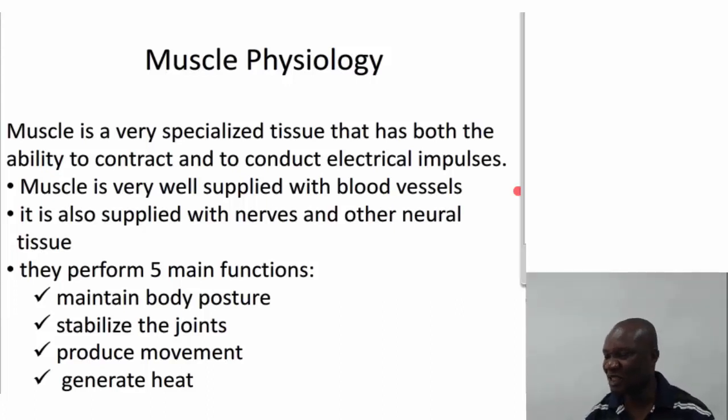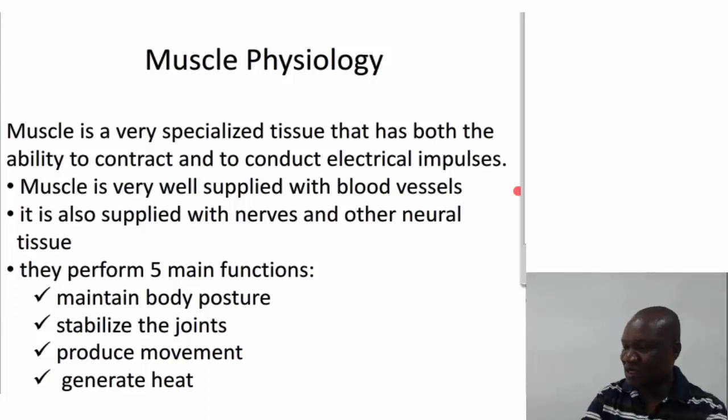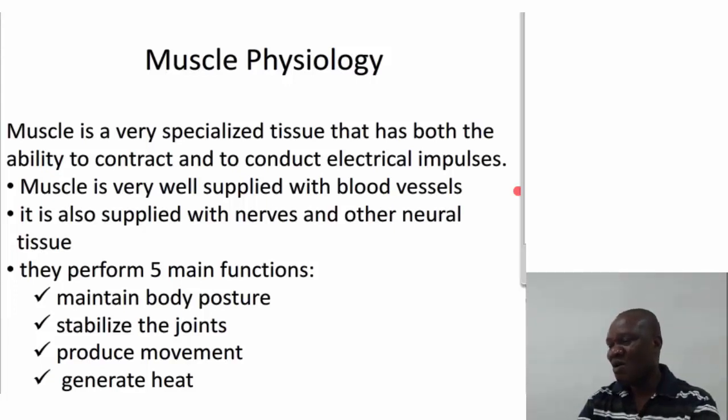A muscle is supplied with blood vessels and also nervous tissue. Now, muscles perform 5 main functions. They help maintain posture. As we sit or stand, we are being supported by the muscle.